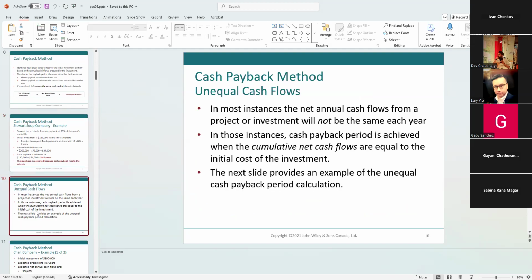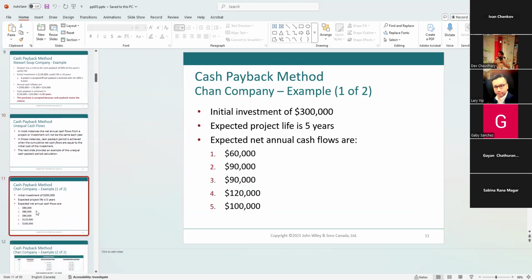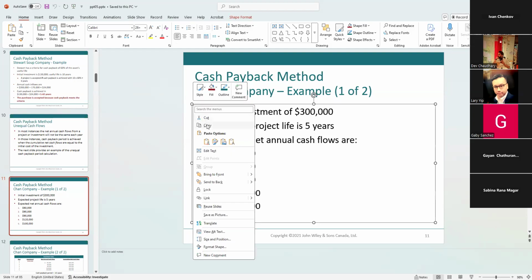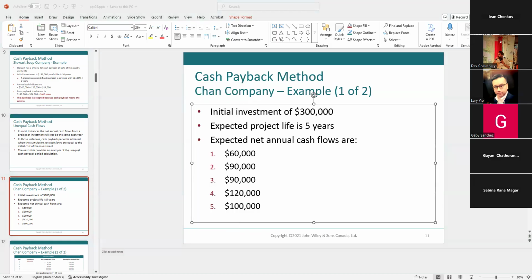What's going to happen if we have unequal cash flows every year? Well, obviously, it's not always going to be the same amount. In fact, you'll be tested on the unequal cash flow. So for unequal cash flow, what you have to do is simply set up one Excel spreadsheet, and that's going to show you your running totals.